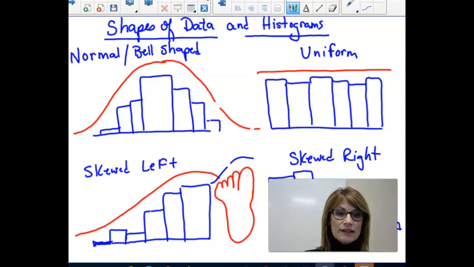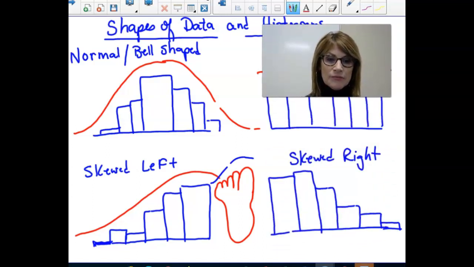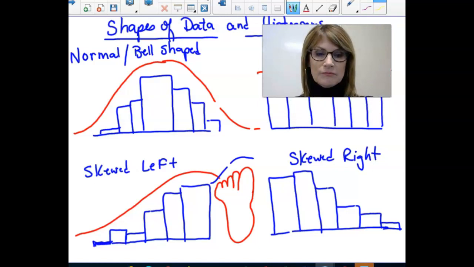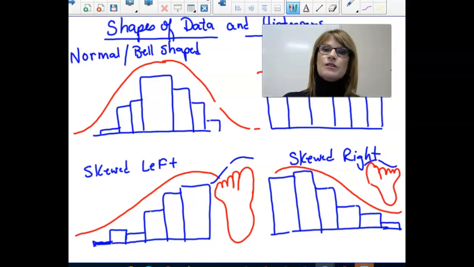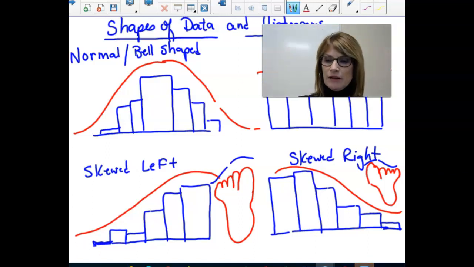Skewed right, then, is the opposite of that, and it trails off to the right side, and it would look like your right foot. Okay, so those are the 4 basic shapes of data.